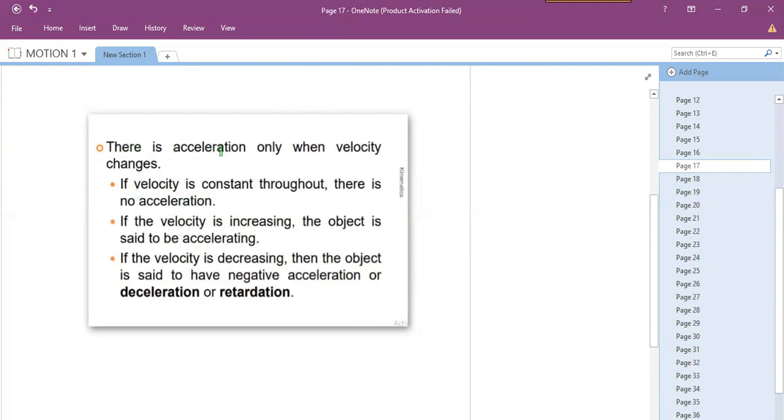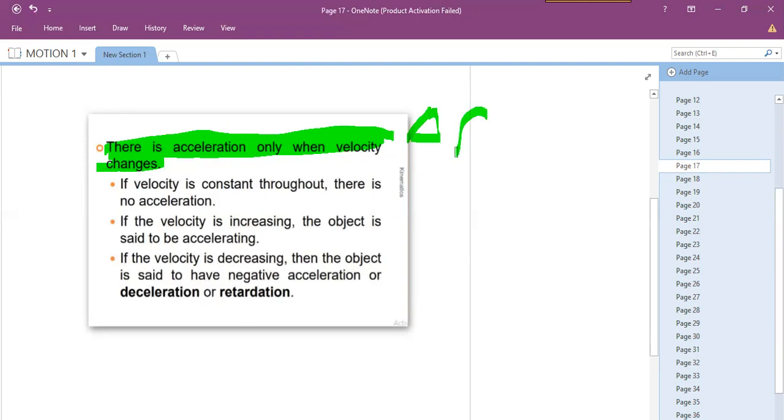So there is acceleration only when there is a change in velocity. This is extremely important. It can come in MCQs, and it also applies with your motion graphs where you see a straight line. So please, there is only acceleration if there's this delta, this final velocity minus initial velocity, this change in velocity.